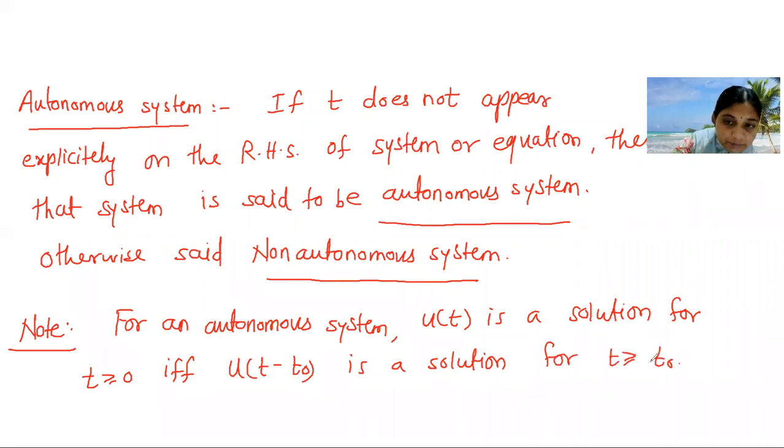If t0 is my initial point, u at t minus t0 is a solution. If t0 is equal to 0, then u t is a solution. So for an autonomous system, if u t is a solution for t greater than or equal to 0, then u at t minus t0 is a solution for t greater than or equal to t0, and vice versa. Is that okay?